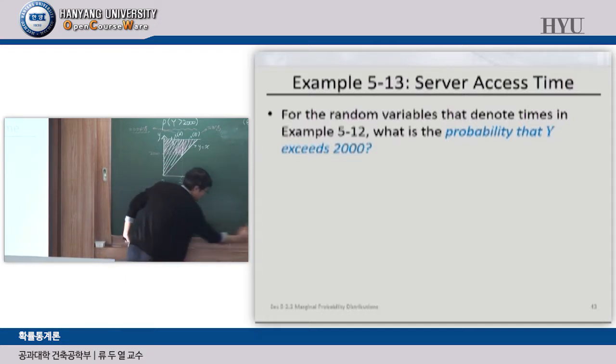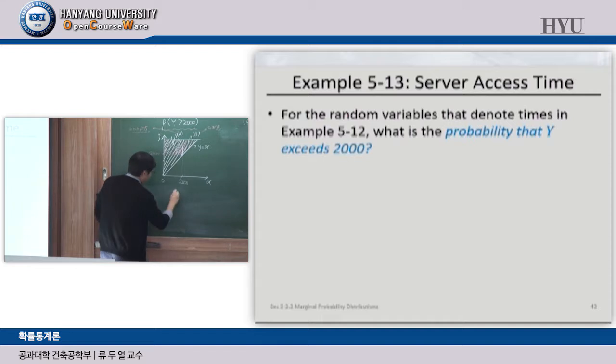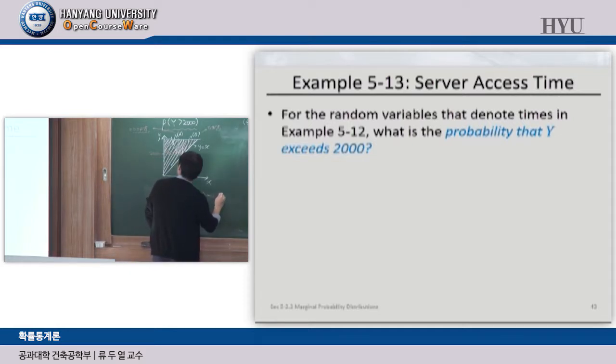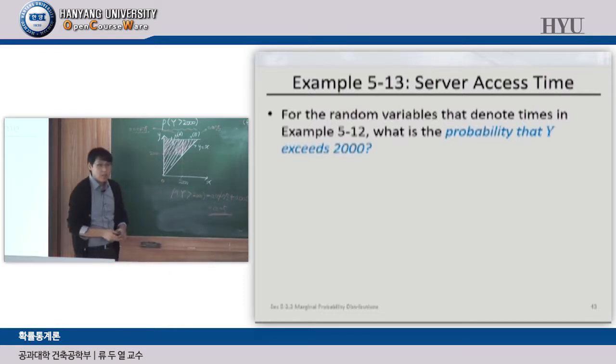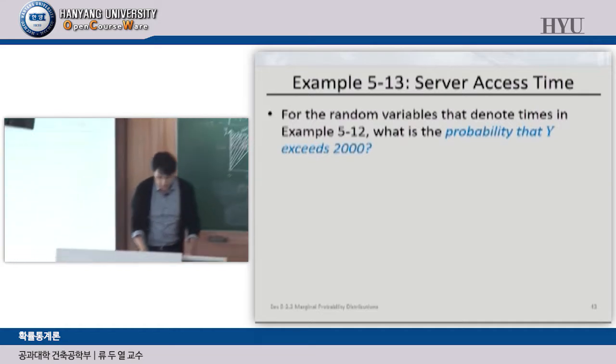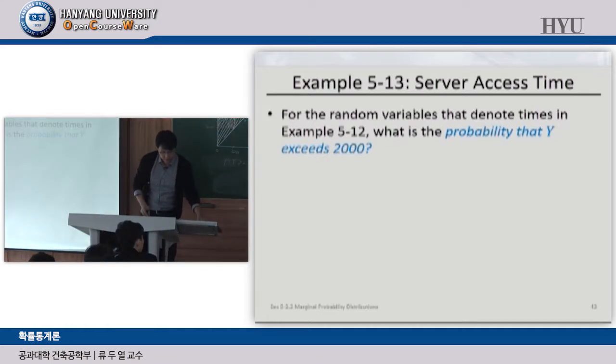So finally, the probability of y when y is larger than 2000 will be the summation of 0.0475 plus 0.0025, okay? That is equal to 0.05. Okay? So that is the answer for this question.